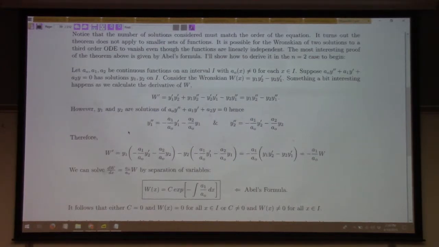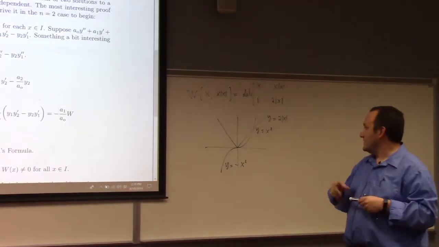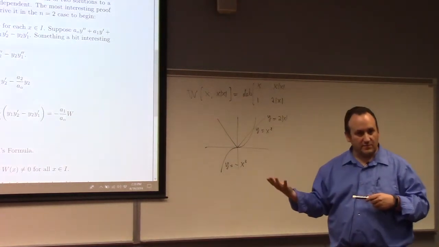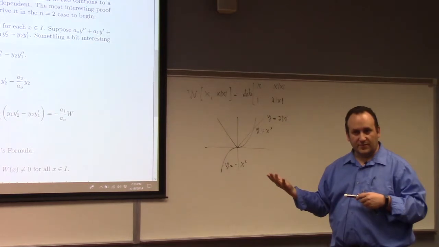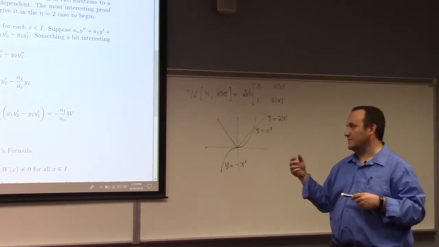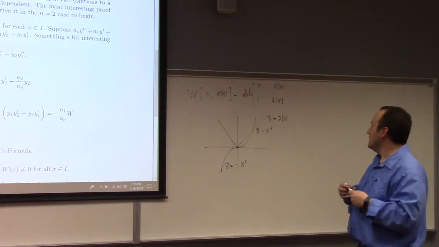The derivative is this, because it goes like 2x over here and like minus 2x over there. So this function, x times absolute value of x, is differentiable, but the second derivative doesn't exist. It is not twice differentiable at the origin.